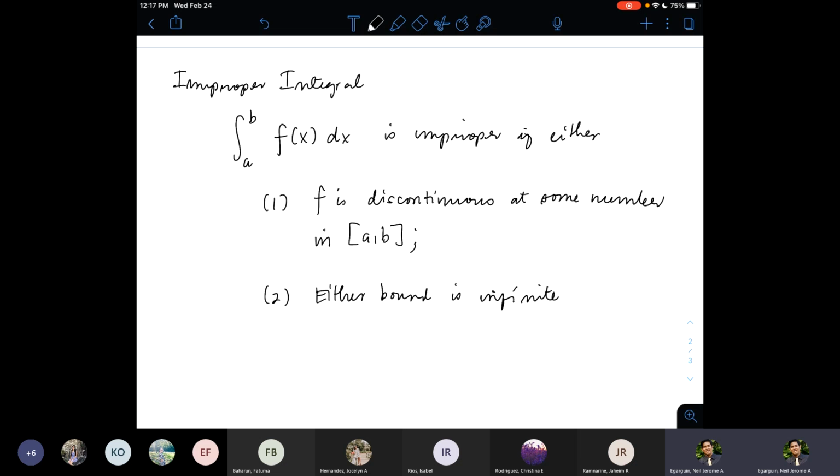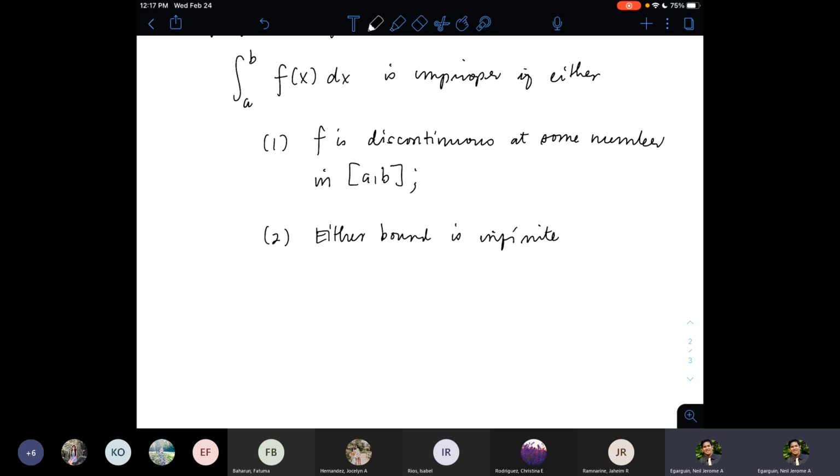And then if your integral is improper, what we do is transform it into a limit problem. What we try to do is to first identify the cause of impropriety, if we can call it such. We look at the number that causes the integral to be improper, and we replace it by a variable, then take the limit of that new variable as it approaches the number that we replaced, and then evaluate that limit.